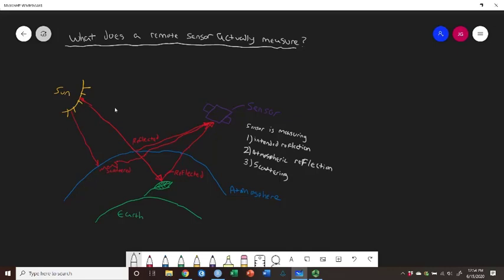And I'm going to do these in white. So the first term we're going to throw on is the energy that's going down, the energy that was produced by the sun. The incoming radiation is called irradiance.